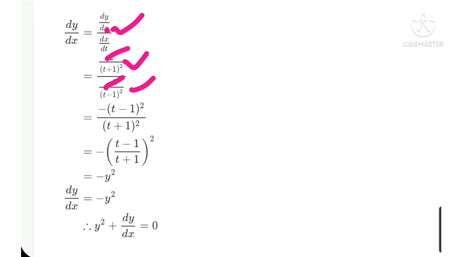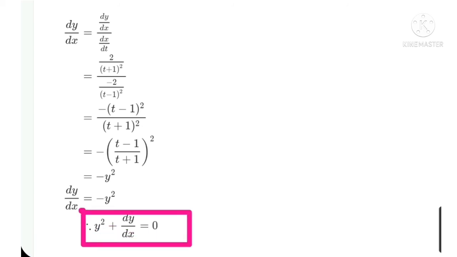And this is nothing but y. So we get dy by dx is equal to minus y square. Take y square on the LHS, we get y square plus dy by dx is equal to 0.